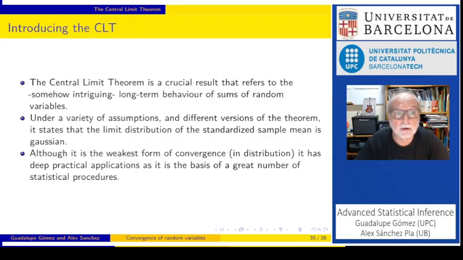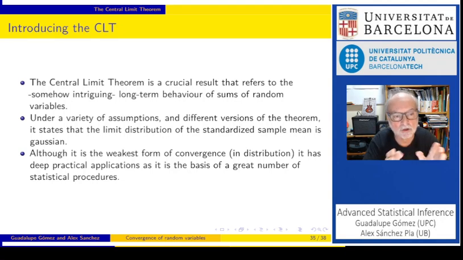Okay, the central limit theorem, as is known, is a crucial result. And indeed it's an intriguing result, because it's kind of a silent call of sums of random variables onto the normal distribution. What it tells us, again, in many versions, is that the limit distribution of the standardized sample mean... remember, to not say it badly, it doesn't say that the sample mean is normal in the limit as n tends to infinity or as n is bigger than 30.